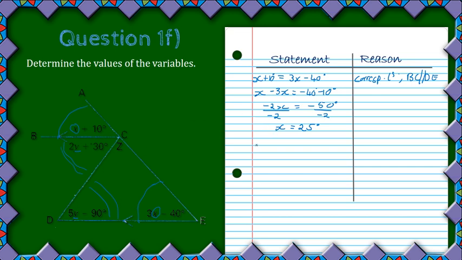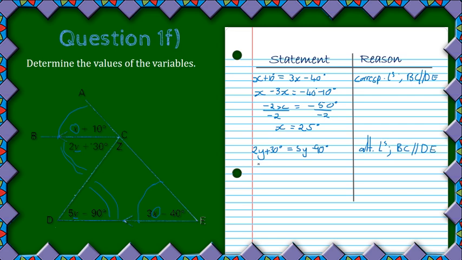So we have that 2y plus 30 degrees is equal to 5y minus 90 degrees, and our reason is alternate angles, and the lines that are parallel are BC being parallel to DE.